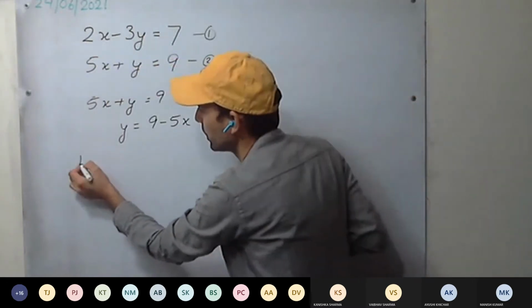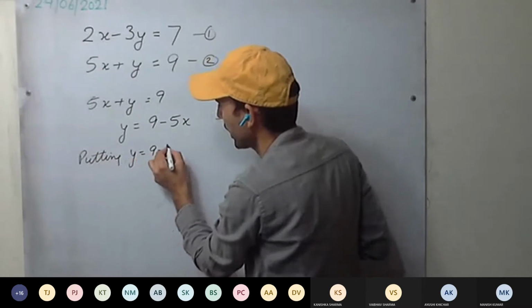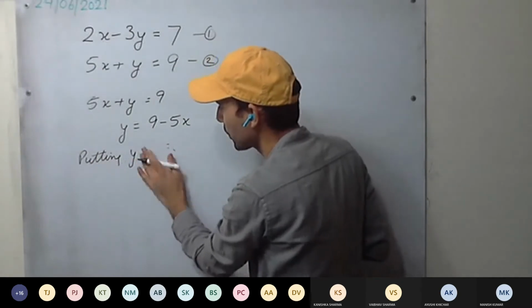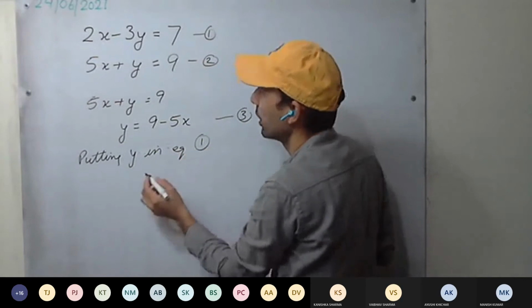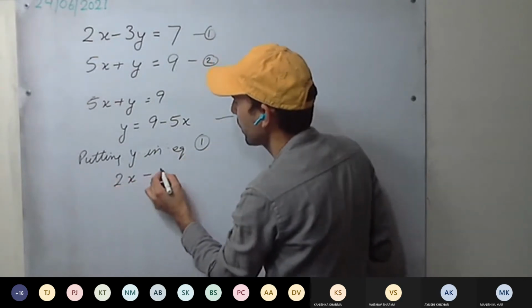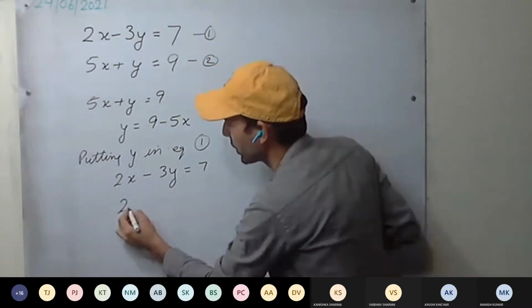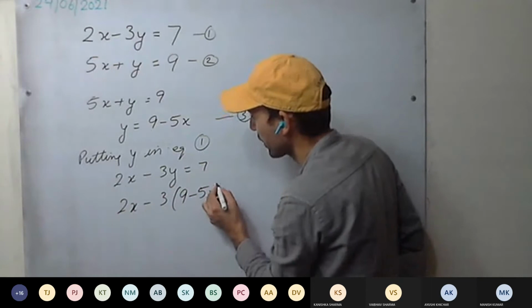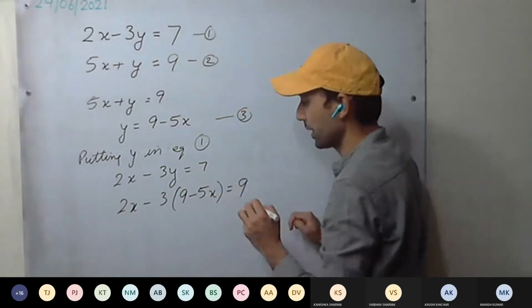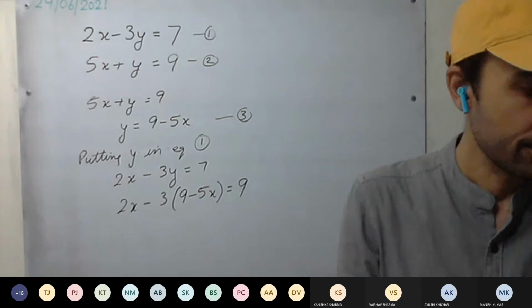So putting y equal to 9 minus 5x in equation first. It is 2x minus 3y equal to 7. So 2x minus 3 times (9 minus 5x) equal to 7. Now further you solve. Solve and tell me what you are getting.